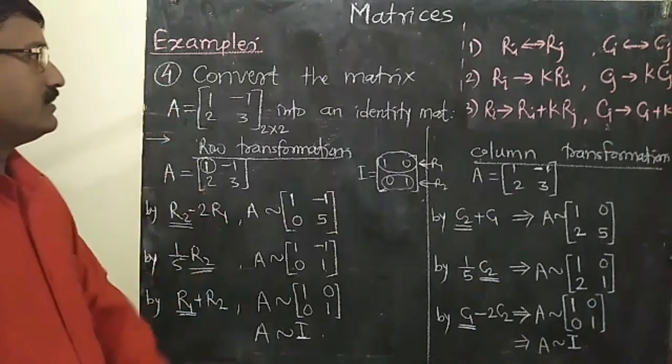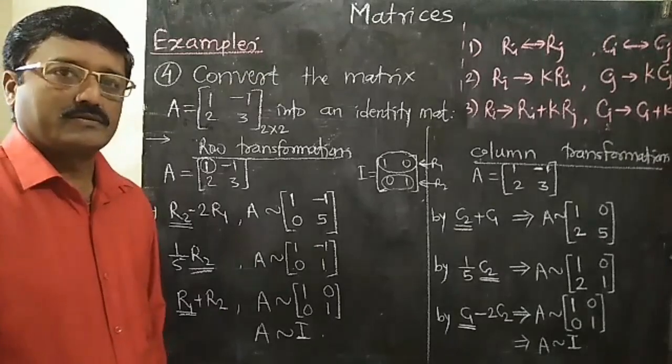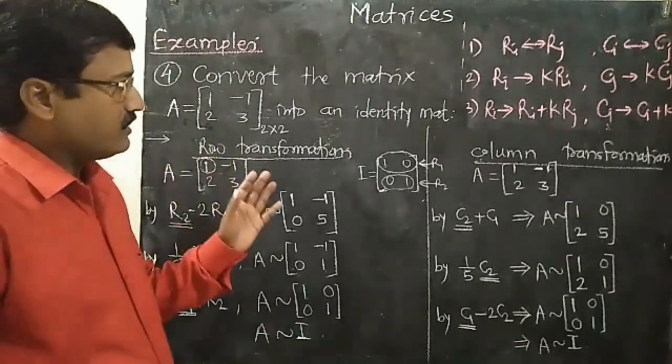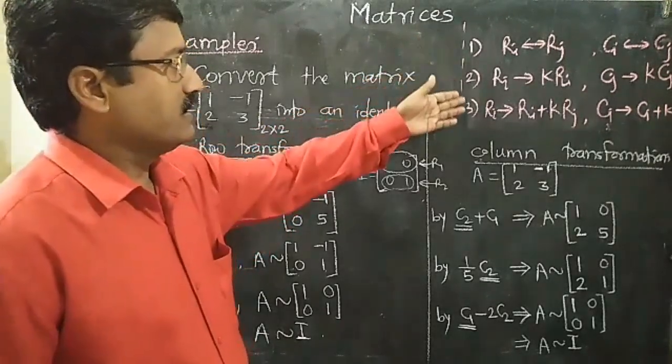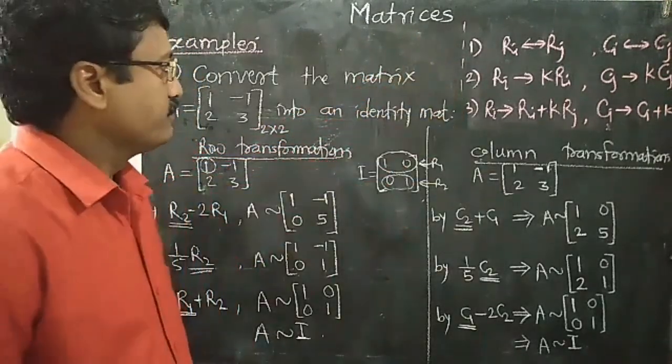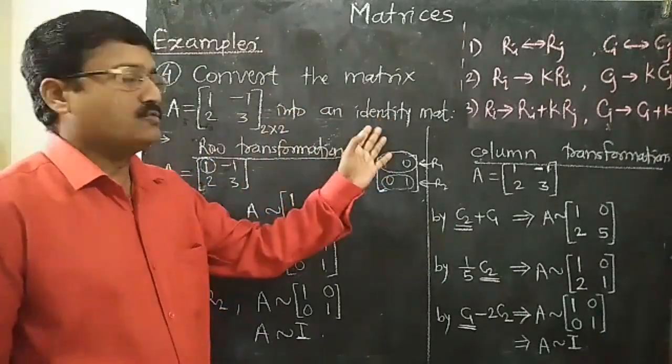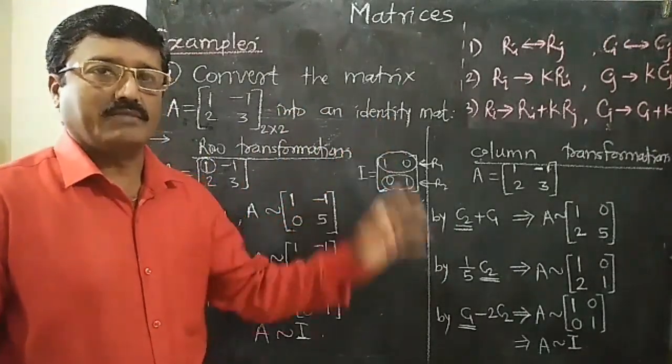We have performed many operations on this matrix. So remember all these transformations, first, second and third, which are useful in converting any matrix into an identity matrix, because it will be useful in finding the inverse of the matrix.